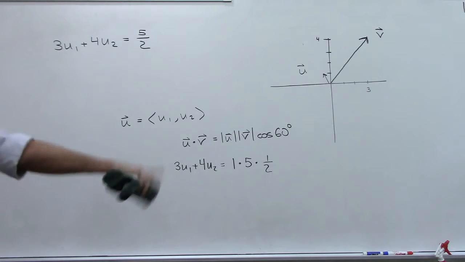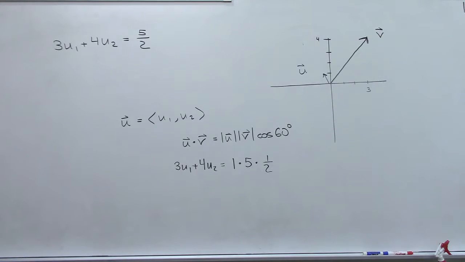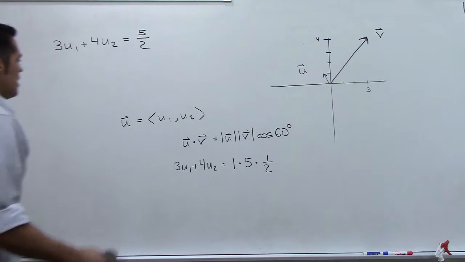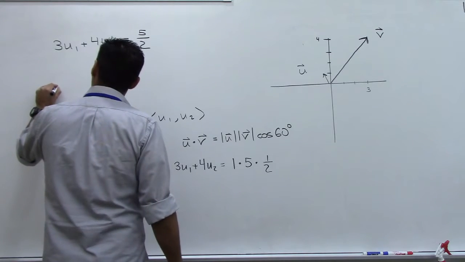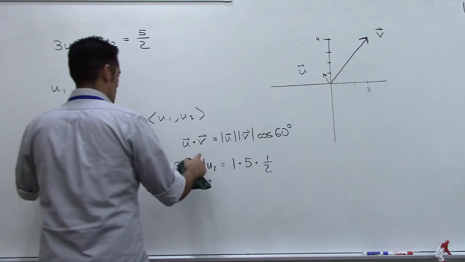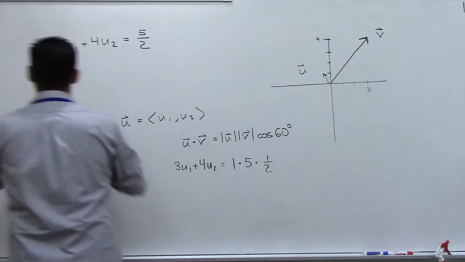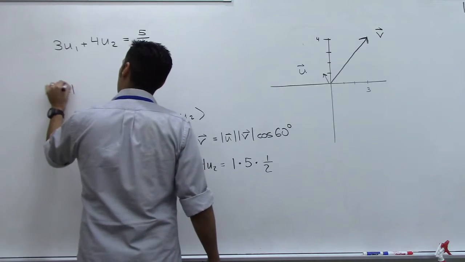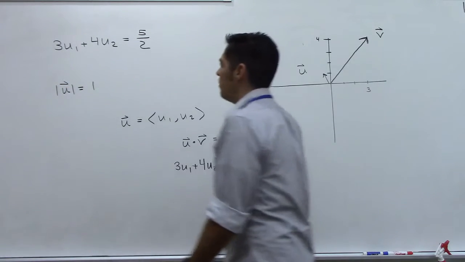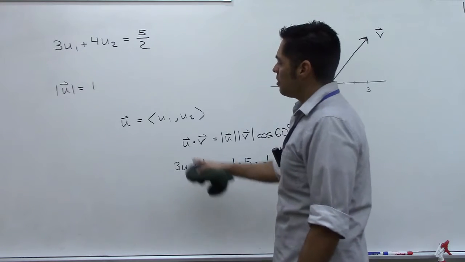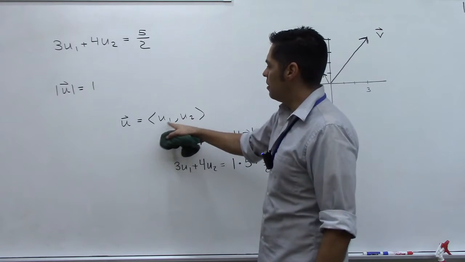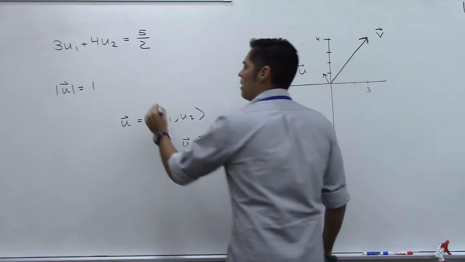That's multiplying out the right side. And the other condition I haven't looked at yet was that the magnitude of u had to be 1, right? So let's rewrite this and find its magnitude.